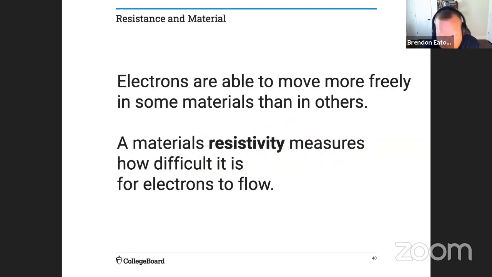So what this means is electrons are able to move more freely in some materials than in others. It's almost like it's a property of the substance itself. So a material's resistivity, notice that that's different than resistance, measures how difficult it is for electrons to flow. So something that has a large resistivity, it's more difficult for electrons to flow. Something with a very small resistivity, electrons flow fairly easily through that material.